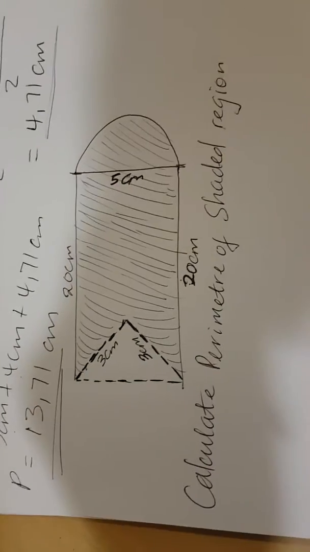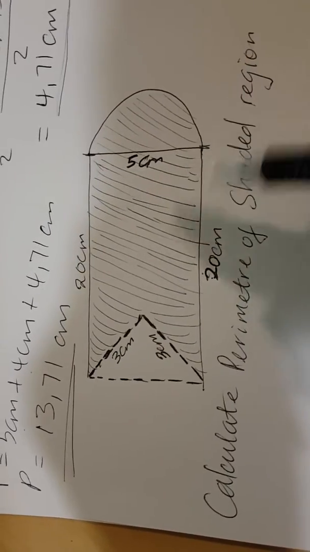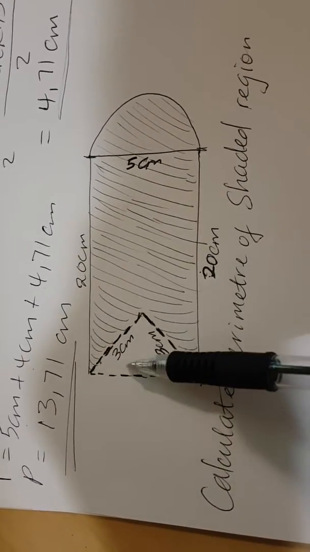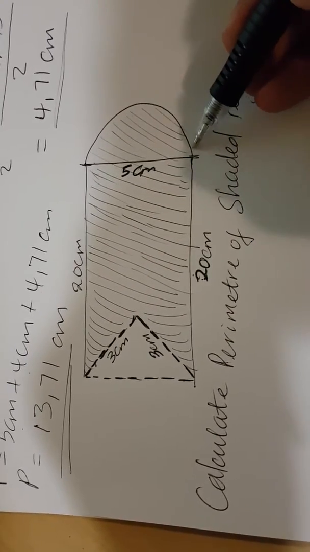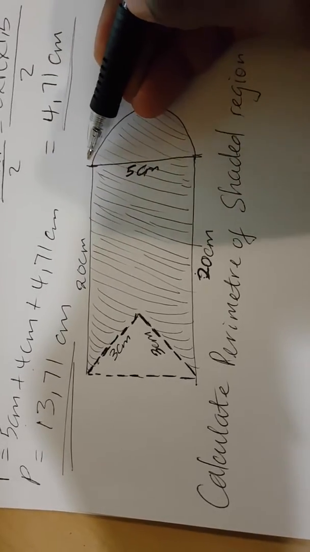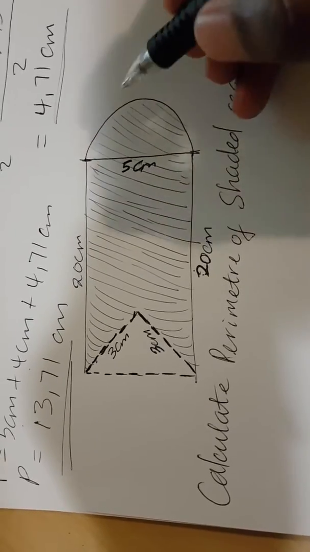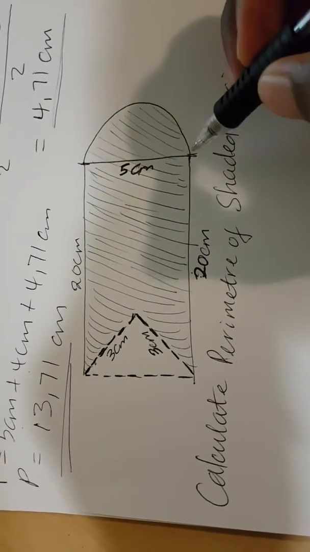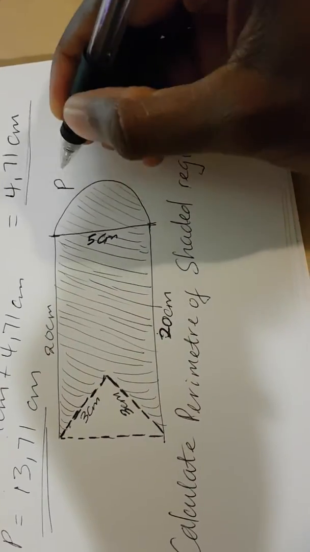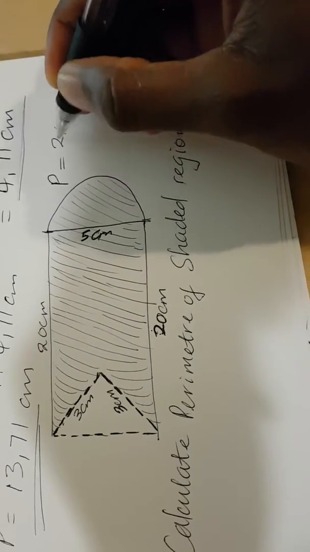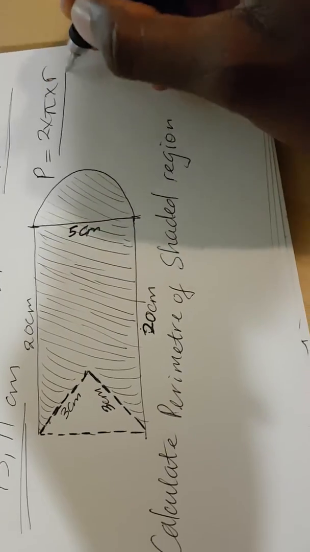As you know, for perimeter we add all exterior sides, it's going to be 20 plus 3 plus 3 plus 20 plus the distance from here to here, but this distance remains unknown, so we need to calculate it. As you can see, it's half of a circle, so you need to calculate the perimeter of half of a circle, which is 2 times pi times r divided by 2.